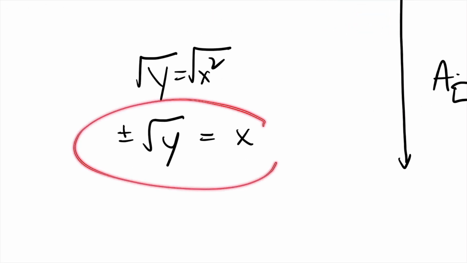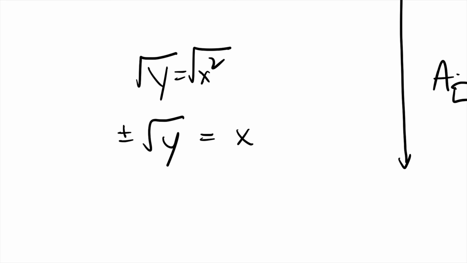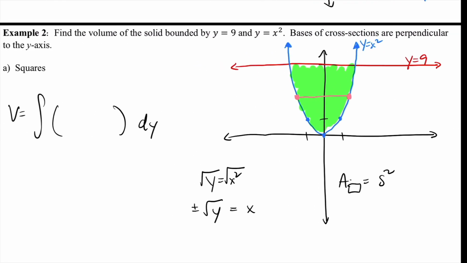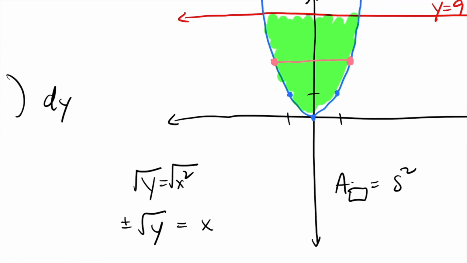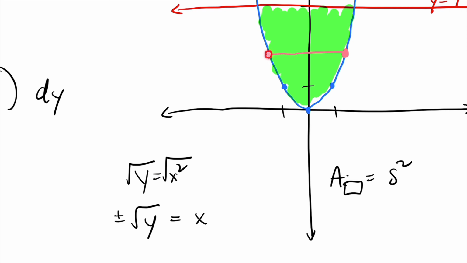I have to use this equation here. This is what I would use to find the x value of this guy and the x value of this guy. Okay?